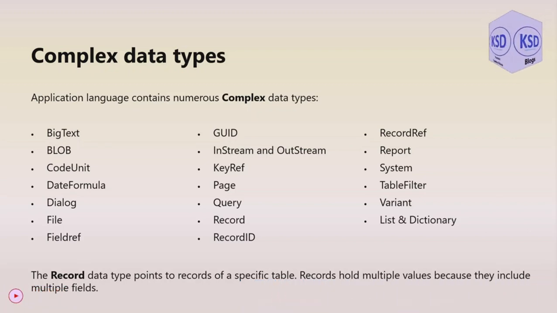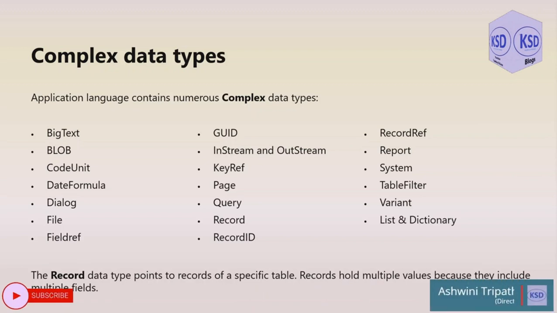A few of them are listed here: BigInteger, BLOB, Codeunit, DateFormula, Dialog, File, FieldRef, GUID, InStream and OutStream, KeyRef, Page, Query, Record, RecordId, RecordRef, Report, System, TableFilter, Variant, List, and Dictionary.